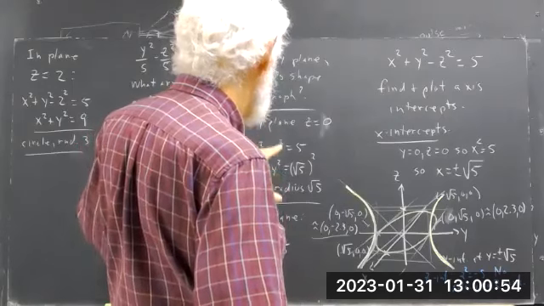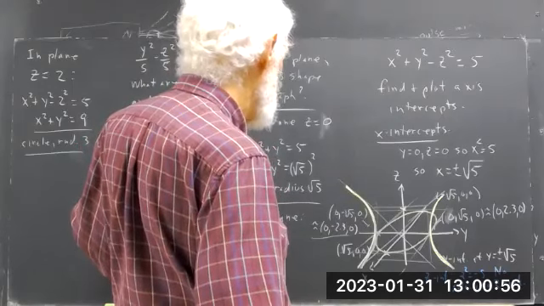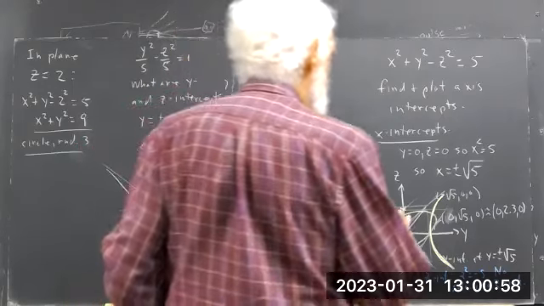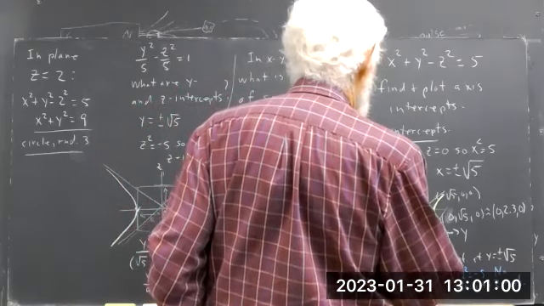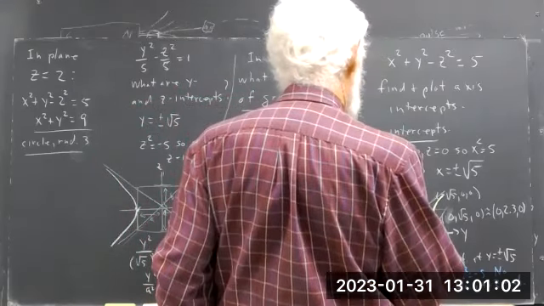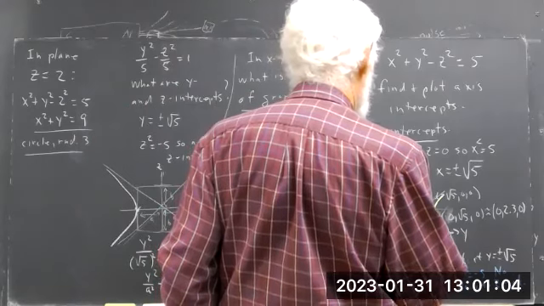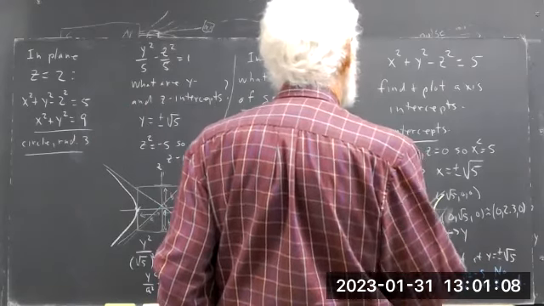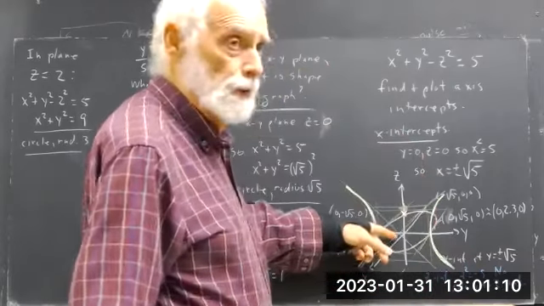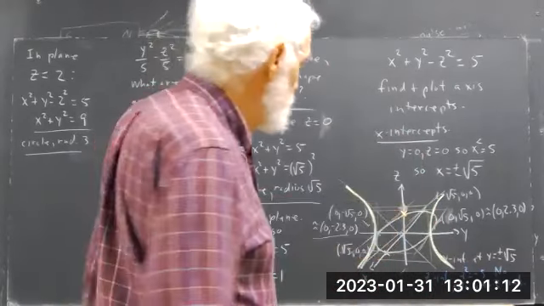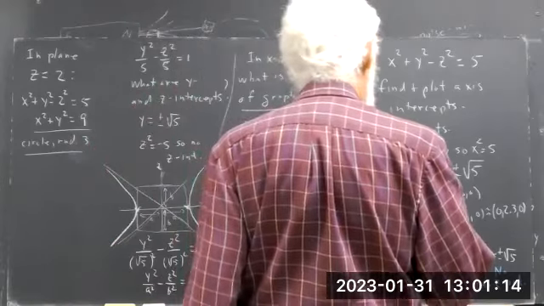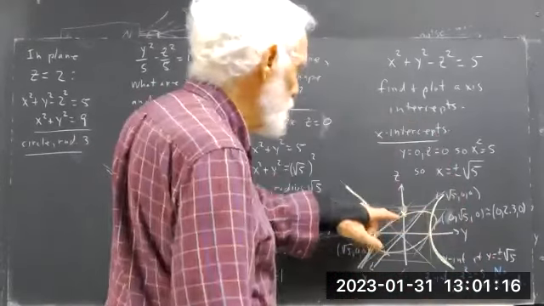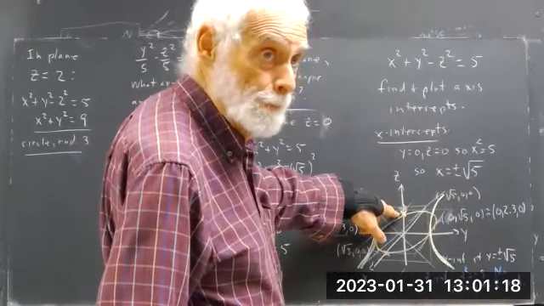No, z wasn't 2 there. Z was about 2.3. Z equals 2, let's say, is about here. I'm not going to label that point. Z equals 2 everywhere in a horizontal plane that passes through this point.